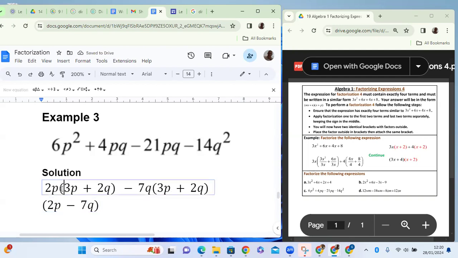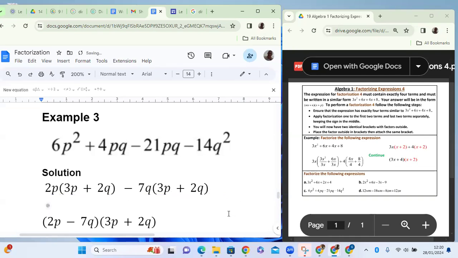And carry down or attach to it one of the repeating brackets. And this is the final answer. We have factorized this expression. Here's the final answer.